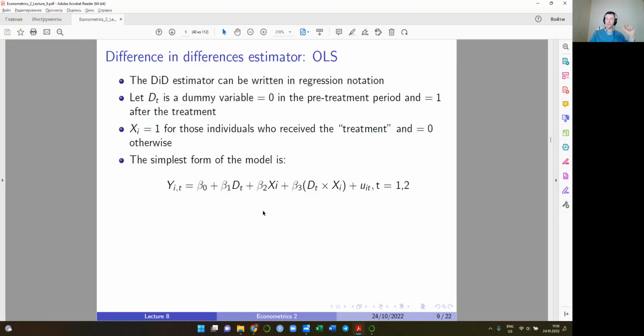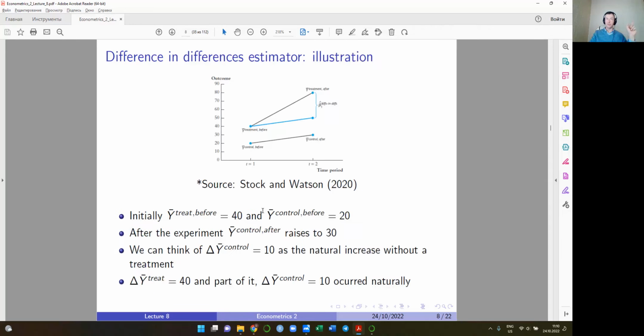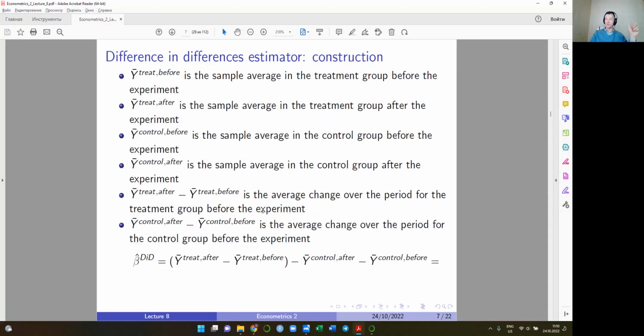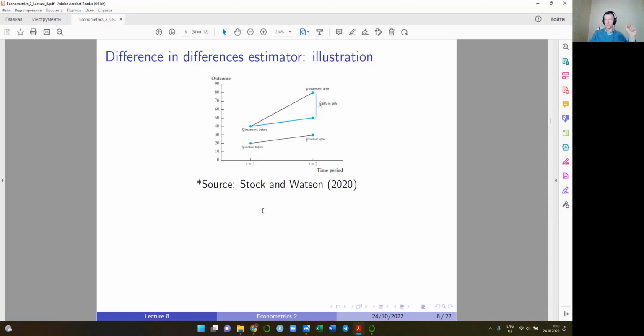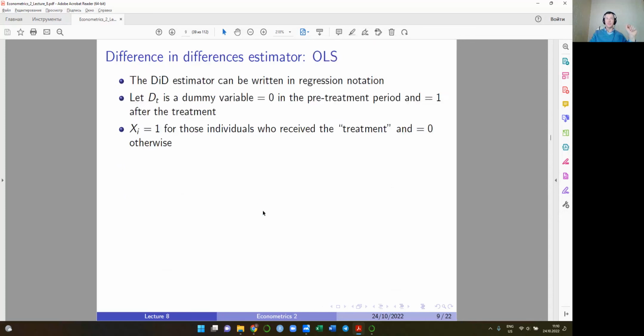On the exercise session, you will also have a chance to do this manually and to closely study how these betas are related to those y bars from this slide, because they must be somehow related, right? So look, if we have dt 0 and xi 0, what is going to be the sample average?